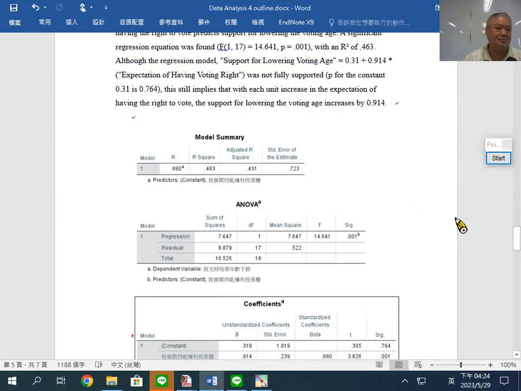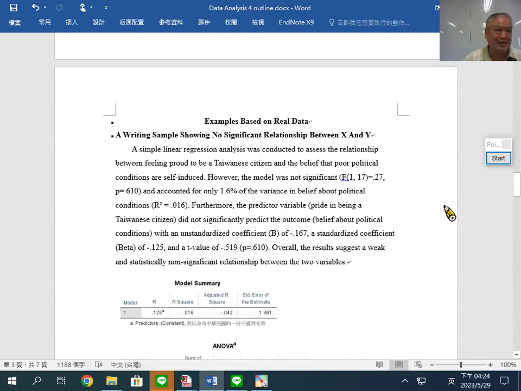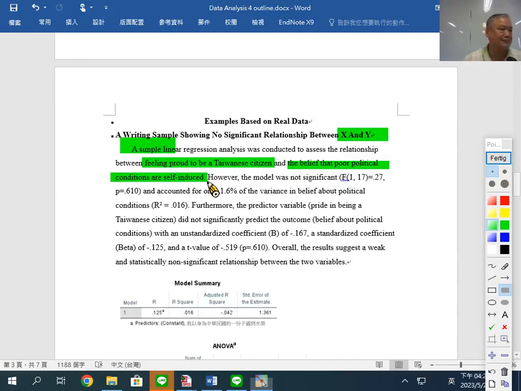And now let's move on to the case where there's no relationship. A writing sample showing no significant relation between X and Y. So if there's nothing at all, again we report: a simple linear regression was conducted to assess the relationship between feeling proud to be a Taiwanese citizen and the belief that poor political conditions are self-induced.